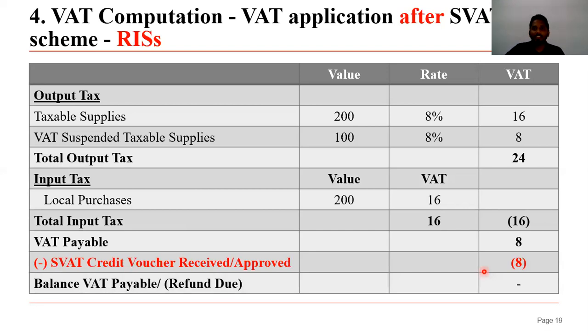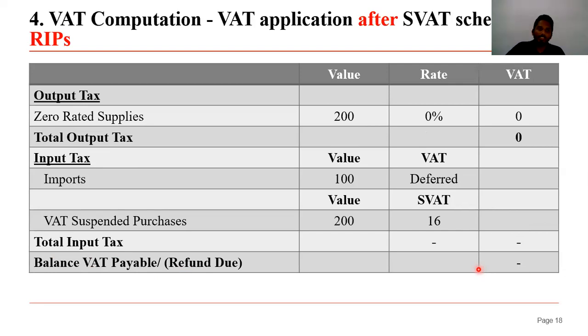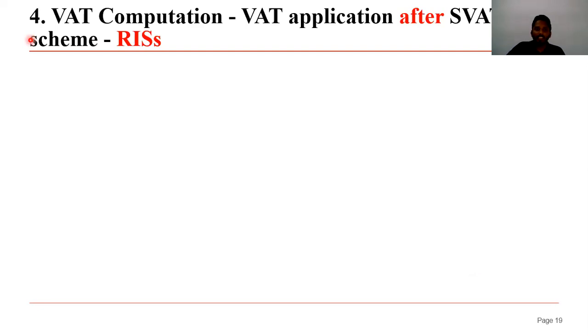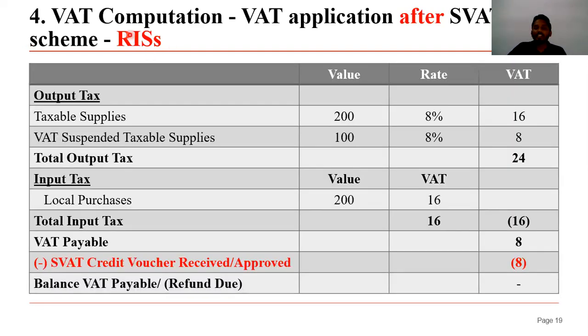Here is the VAT application after the SVAT scheme as RIS. In the earlier slide we discussed RIP. This slide explains the VAT computation of RIS. If you are supplying to a RIP, even for a single supply, then you are eligible to register as RIS. Then you may have taxable supply and also VAT suspended taxable supply.